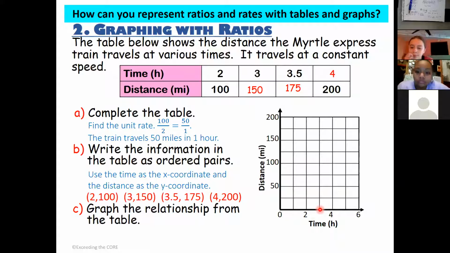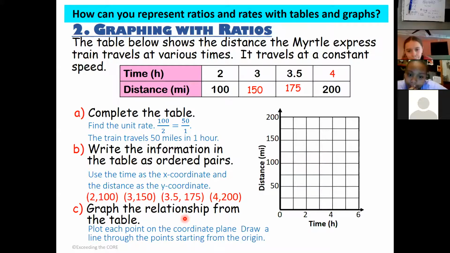And I would go up to 150, which would be right there. So there's my dots. And then at the end, you would start down here at the point of origin, which is at 0, 0, and you would draw a straight line that goes from the point of origin through all the dots, just like that.